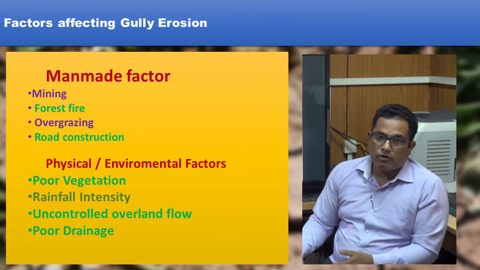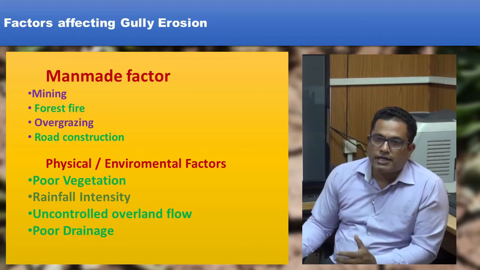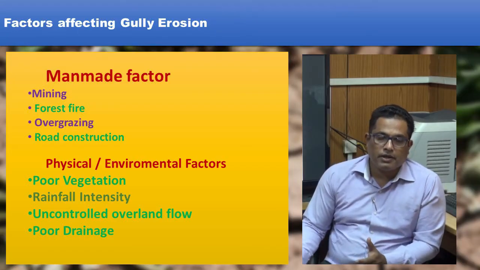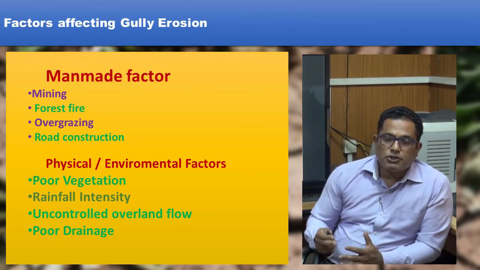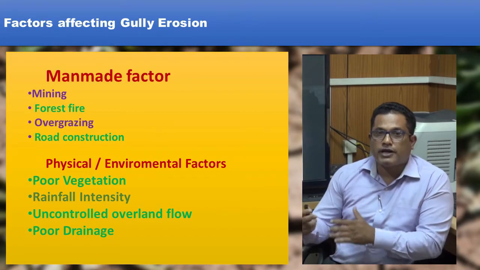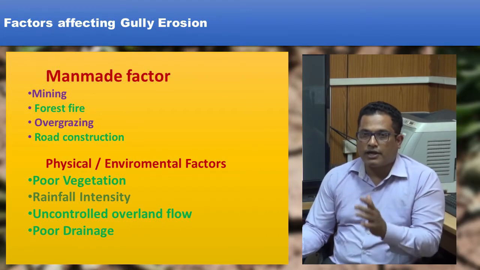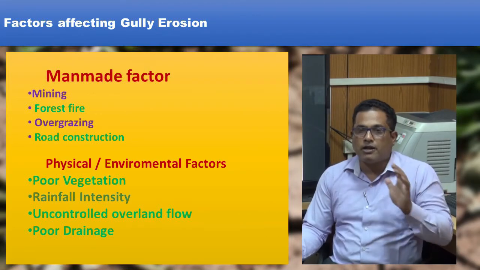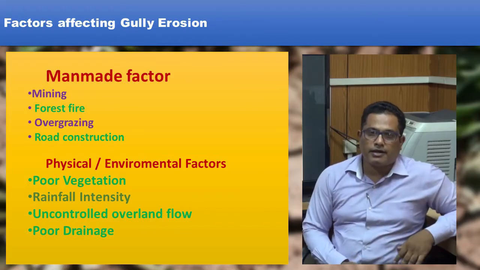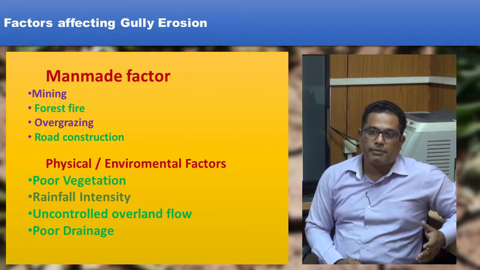Overgrazing, we have already discussed. Any system, any piece of land has its carrying capacity. Provision should be made even in grazing land for regeneration of the grasses or shrubs. If the carrying capacity of a particular piece of land is for 100 cattle, and you put there 200 or 500 cattle, what will happen?